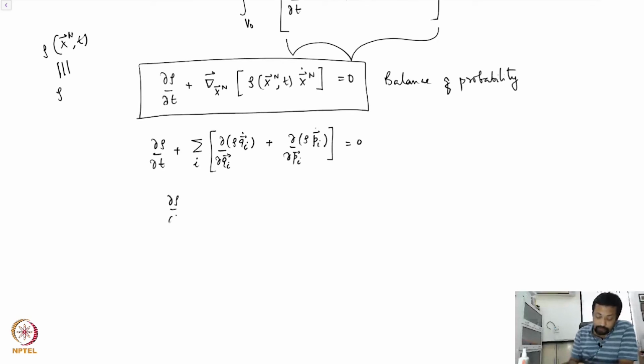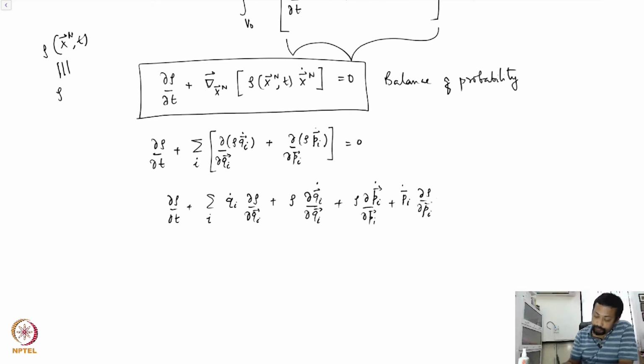Let's do this sum over i: qi dot del rho del qi, plus rho del qi dot del qi, plus rho del pi dot del pi, plus pi dot del rho del pi, must be 0.